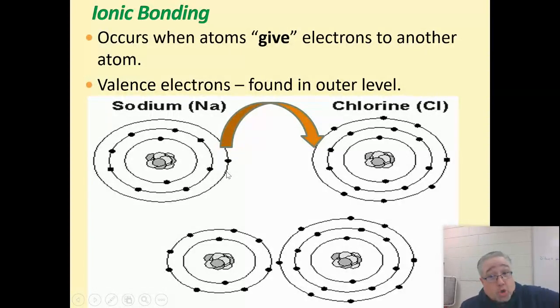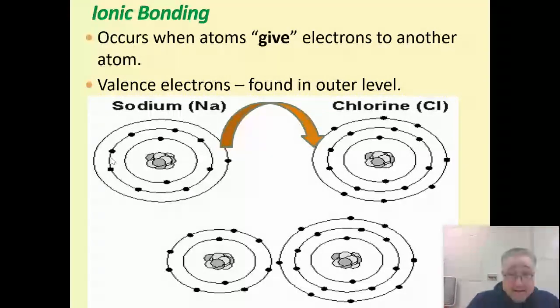But it can also lose 1. If it loses 1, then that outer level gets eliminated, and then the second level will be the full one. So think about what sodium would rather do. Would it be easier for sodium to gain 7 or to just get rid of 1? Of course, it would be easier to get rid of 1. So sodium, in the worst way, wants to get rid of that one little electron.